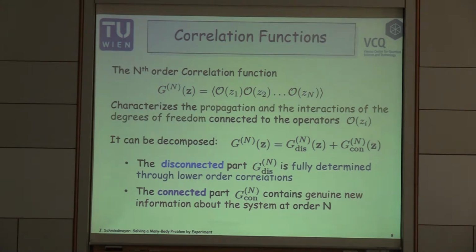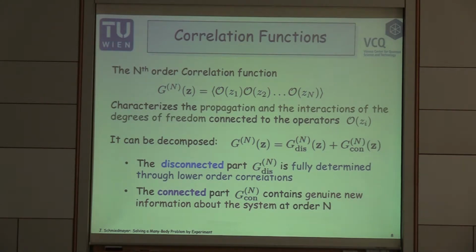The disconnected part of the correlation function of order n contains everything that is fully determined by all the lower-order correlation functions, so it does not contain any new information. Any new information at order n is in the connected part, which contains genuinely new information about the system at order n.